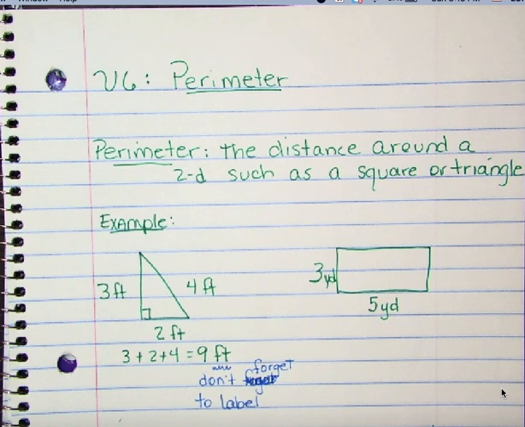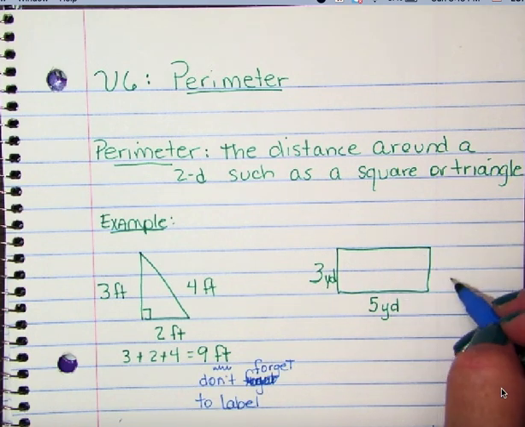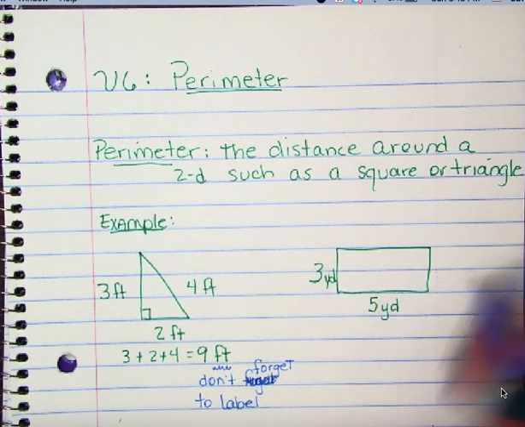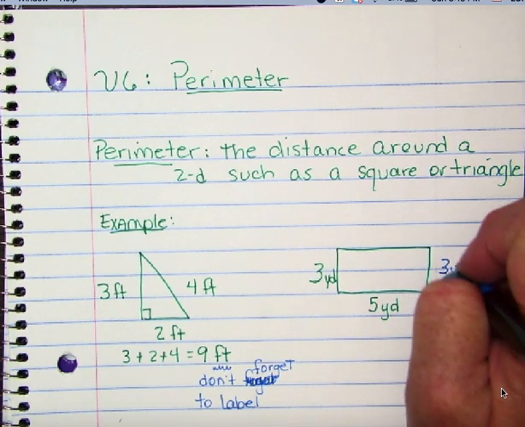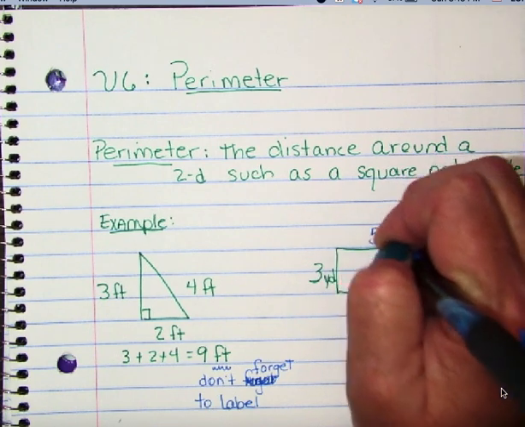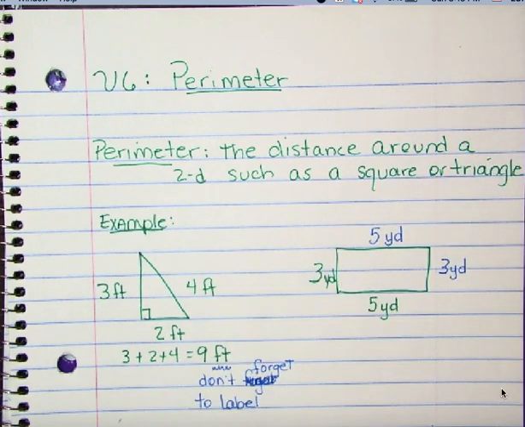So if you look at this, I bet you notice I didn't give a label to these other 2 sides. Well, if we have a rectangle, opposite sides are the same. So this guy would also be 3, and the top and the bottom would also be the same. So you can figure out what opposite sides are.